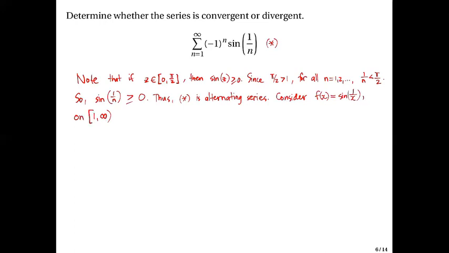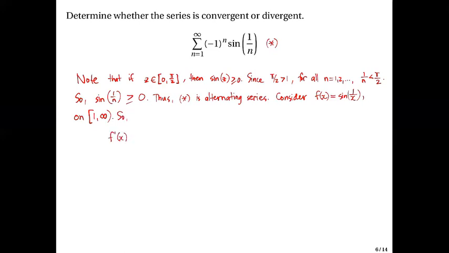So we have the function f of x, which is equal to sine of 1 over x, on this interval. This function is continuous, but what we actually need is the derivative, and this is differentiable. So let's get the derivative.